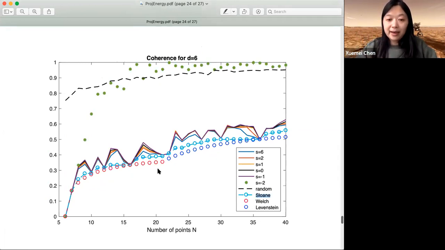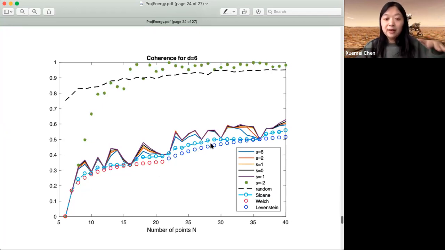So if we just focus on line packing, dimension equals 6, and then go up to 40 points here. So the light blue is basically the best possible coherence that they have found. And so this should be pretty much the lower bound here.